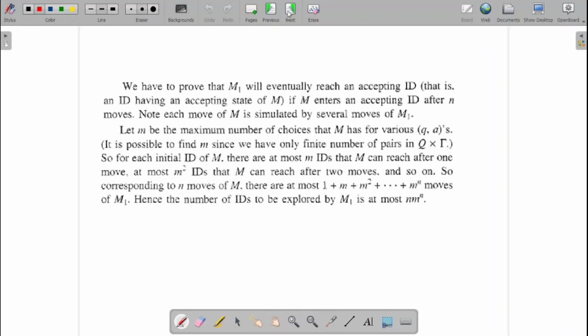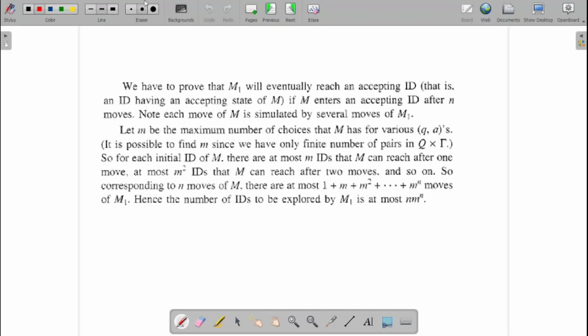So each move of M is simulated by several moves of M1. For each non-deterministic move, we make several moves in the deterministic model M1. Let m be the maximum number of choices that M has for various Q upon A. It is possible to find m since we have only a finite number of pairs of Q upon A. So for each initial ID of M, there are at most m instantaneous descriptions that M can reach after one move, and at most m squared IDs that M can reach after two moves.